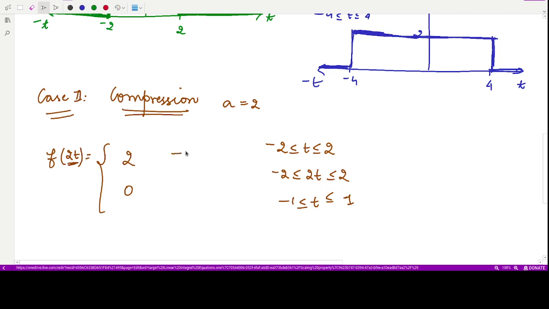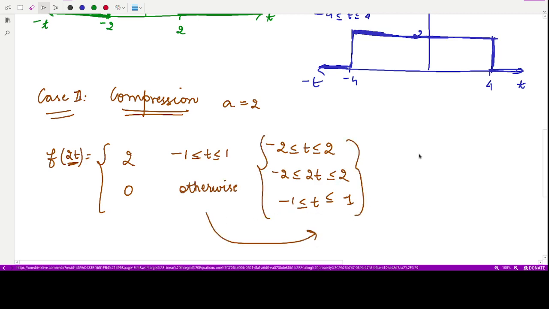So that means whenever t lies between -1 to 1, your function's value is equal to 2 and it is 0 otherwise, right? So this is how you convert the limit. So when you draw this particular function, this is your time axis and this is your function's axis.